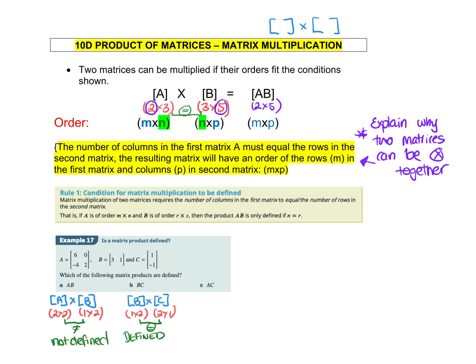And if I was asked to explain, I'd say these two are defined because the columns in B equal the number of rows in C. And if we check this last one, we would have had A times C. If we put the orders underneath, A was a 2 by 2, C was a 2 by 1. Is this one defined? Yes, because they're equal, so it's defined.